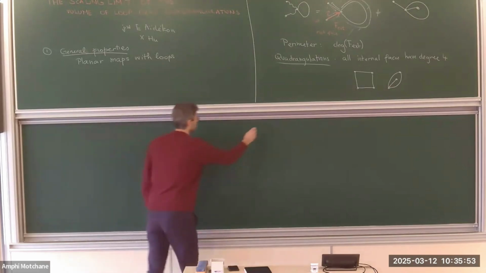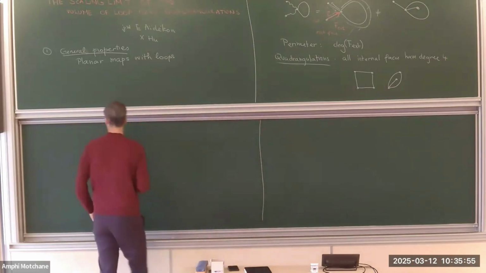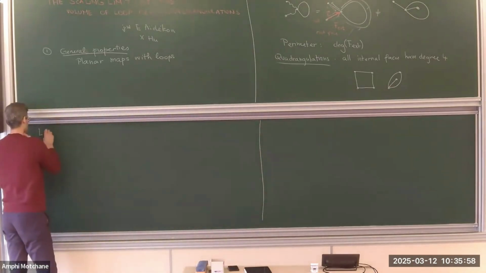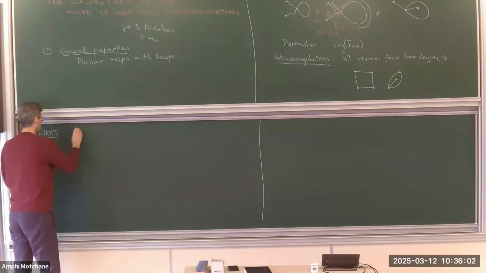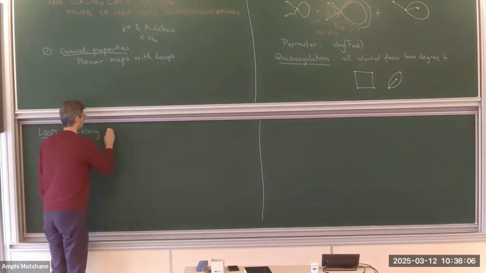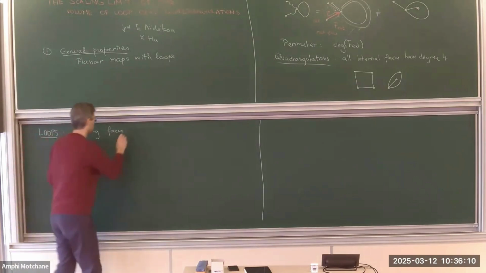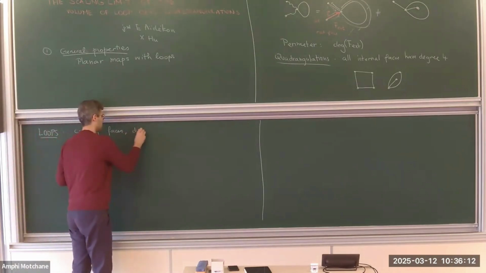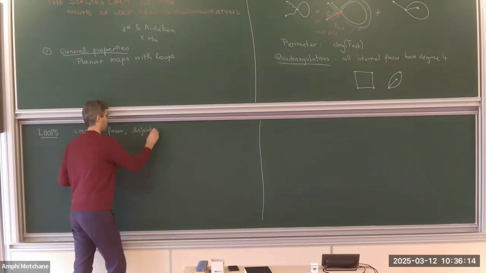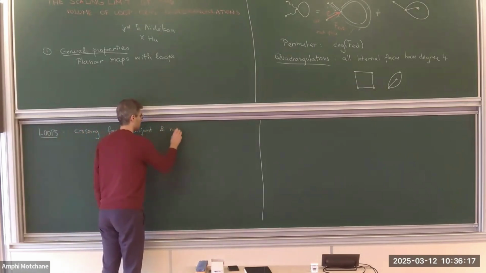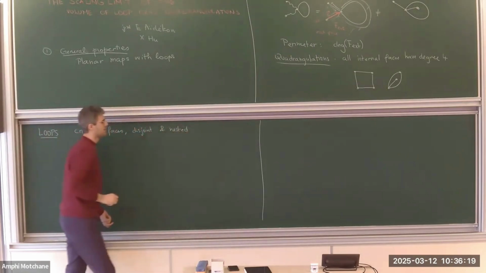So I need to introduce the loops in the model as well. These are just a collection of loops that are crossing the faces of the quadrangulation. They are disjoint and possibly nested.